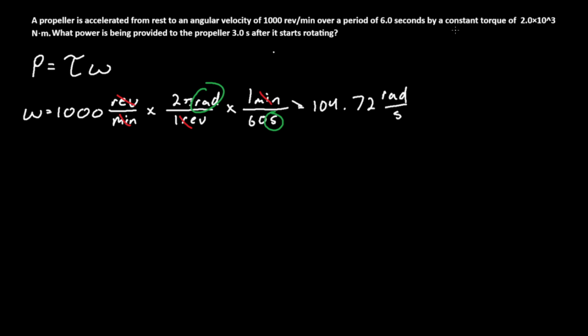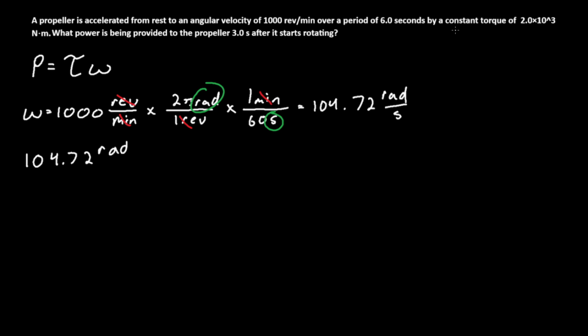So if the propeller starts from rest and its final angular velocity is 104.72 radians per second after 6 seconds, but we want the angular velocity after 3 seconds, all we need to do is divide the final angular velocity by 2, and you will get the angular velocity in half the time.